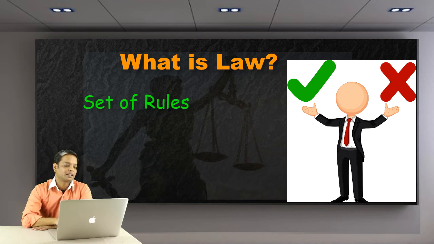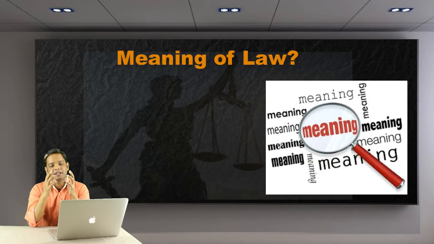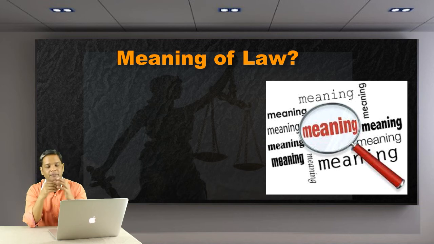The next topic that we have is the meaning of law. What is the meaning of law? See, it depends upon the perspective. Law, as I said, is a very comprehensive term, so depending upon how you are viewing it, you can interpret the law accordingly. Since its area is so wide, you can interpret it as per your perception.